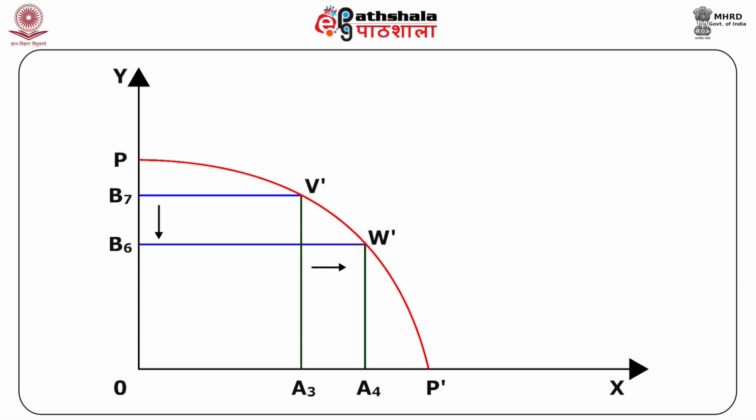Now, if we were to join P, which is on the y-axis, V prime, W prime and P prime, which is on the x-axis, then we get a red line which is shown as a curve. It is downward sloping, but it is concave to the origin, and this is what we call the production possibility curve for a multi-product firm.